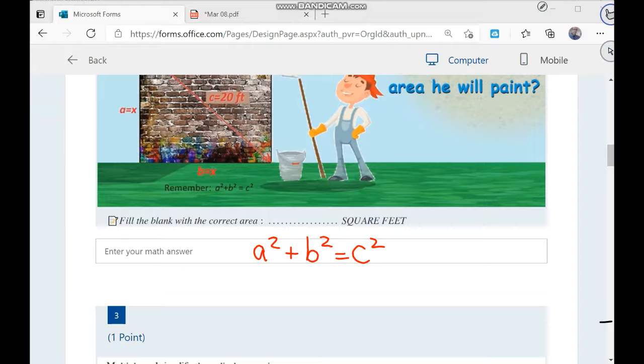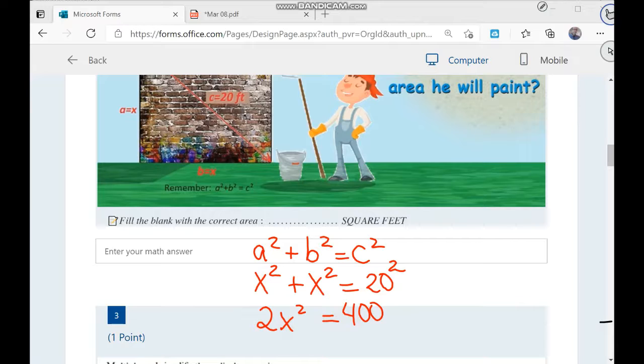And check this, we have C, we have A, and we have B. A and B have the same length, let's call it x. So A squared is x squared, B squared is x squared as well. And C is 20, so C squared is 20 squared, right? Now simplify, because x squared plus x squared is 2 times x squared, and 20 squared is 400. 2x squared equals 400.